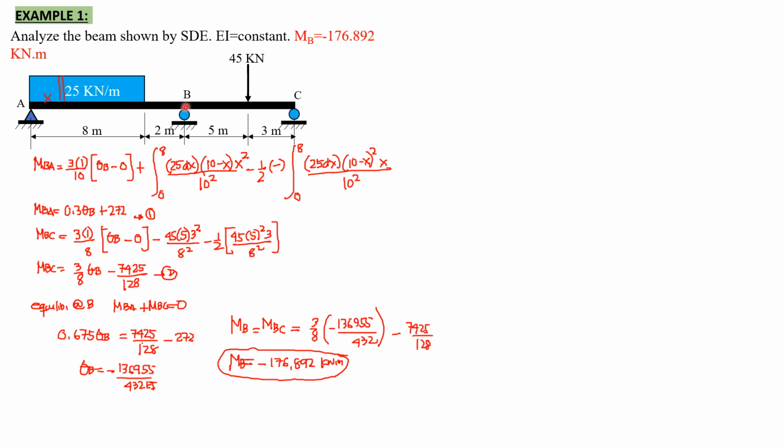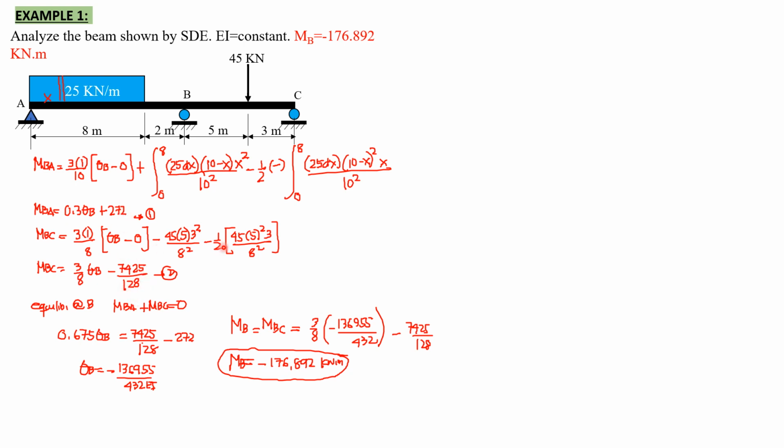Since we only have one unknown, theta B, apply equilibrium at B: M_BA plus M_BC equals 0. M_BA is 0.3 theta B plus 272, plus 3/8 theta B. 0.3 plus 3/8 is 0.675, and plus the quantity 272 minus 7425 over 128.